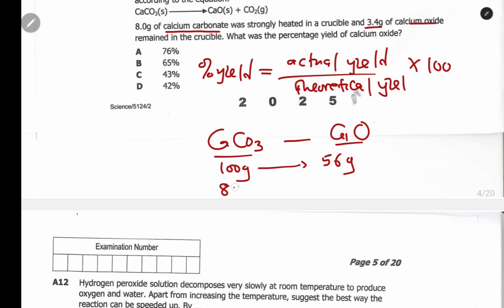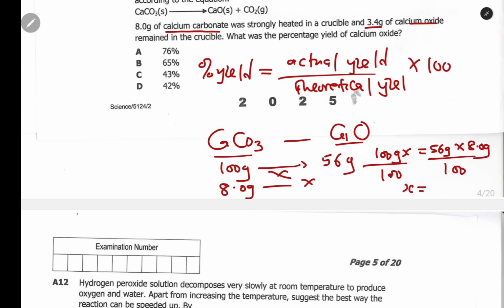What about 8.0 gram of calcium carbonate? It will produce X. So you're going to cross multiply here. You're going to have 100 gram times X is equal to 56 gram multiplied by 8.0 gram, divided by 100.